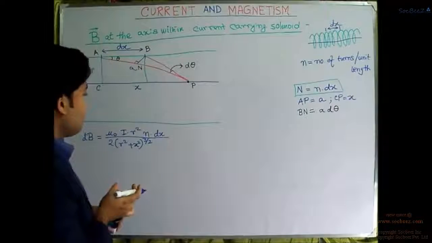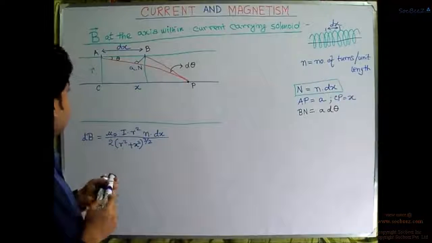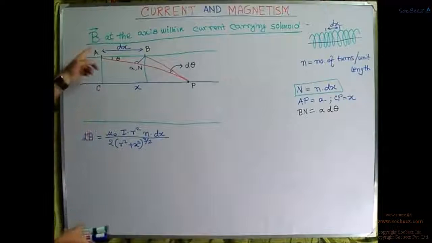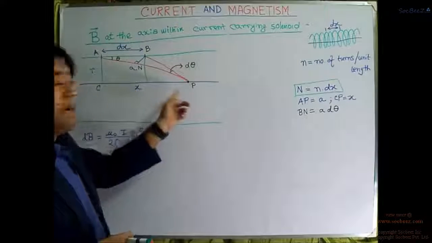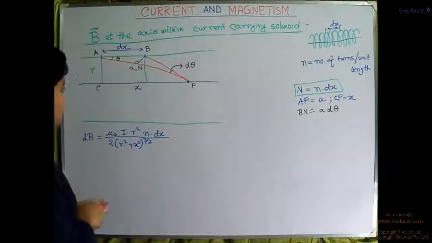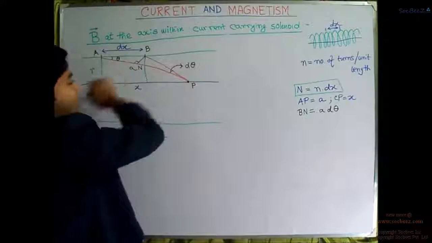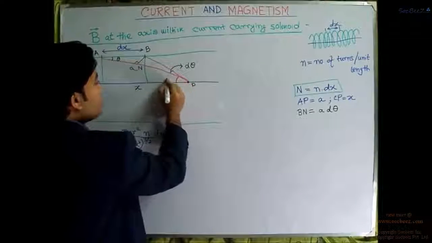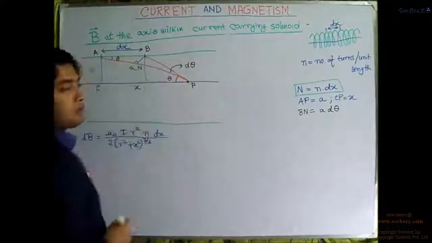Now from trigonometry, from triangle ACP, if this angle is theta, then obviously these two lines are parallel, so this angle will also be equal to theta.